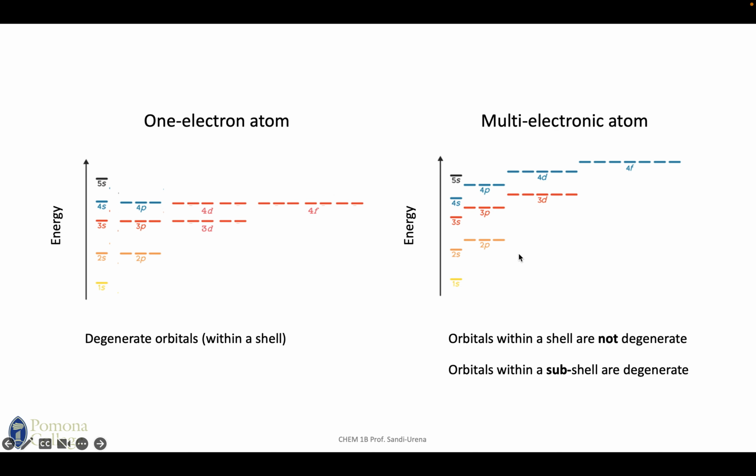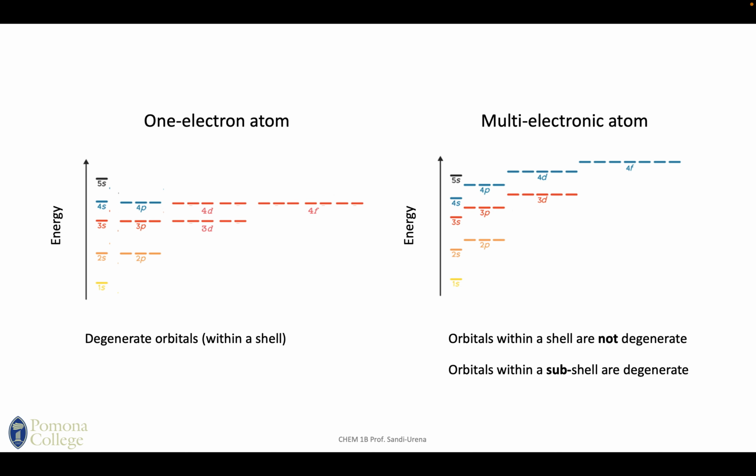But still, the orbitals within a subshell are degenerate. That is, the orbitals that have the same L value will have the same energy. So the three 2p orbitals have the same L value, and they will have the same energy. And that applies for the rest of the distribution of the orbitals.